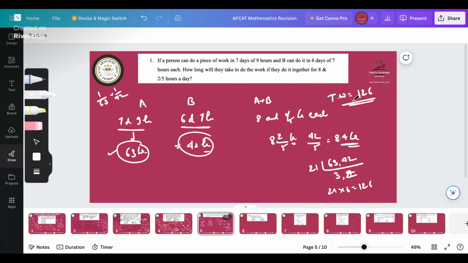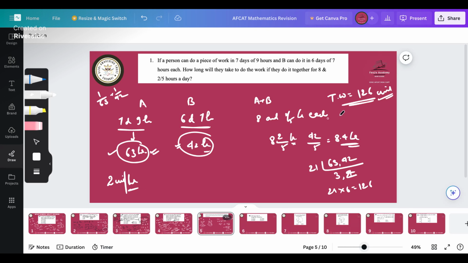That means your total work is 126 units. Let's write it that way. If A takes 63 hours to complete 126 units, that means A is doing 2 units of work per hour, right? And B is taking how much?